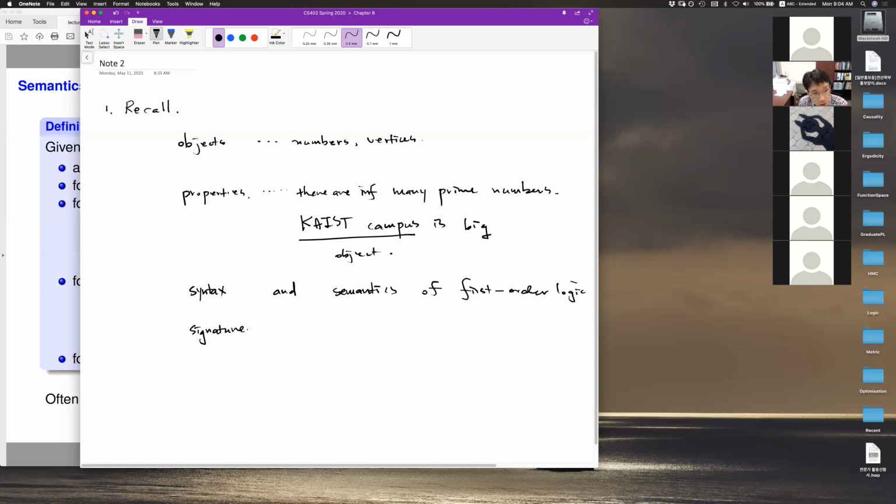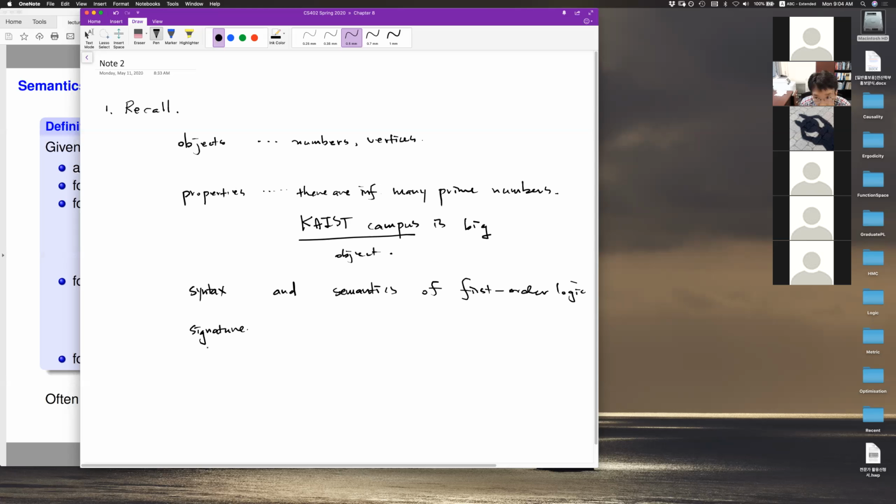One type is for objects, the other type is for properties. Usually in first order logic, objects are called terms, and the syntactic things for properties are called formulas. So it's like a programming language which has two types, one for terms, the other for formulas. But it's a bit strange programming language because it's very highly extensible, or highly parameterized. The signature is the one that parameterizes this particular programming language studied in first order logic.